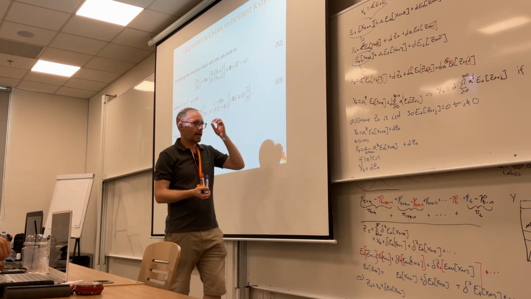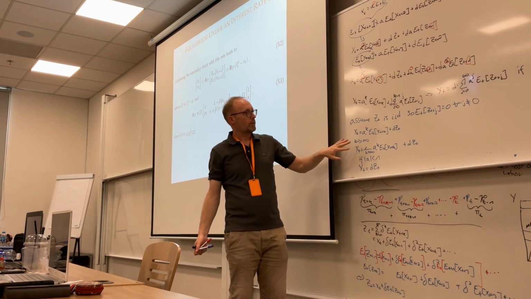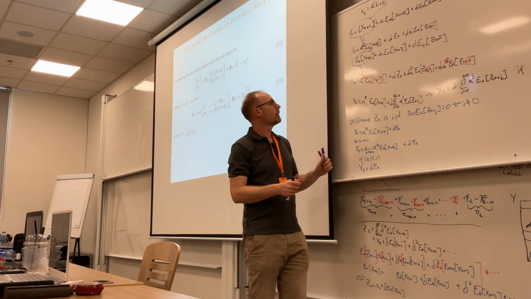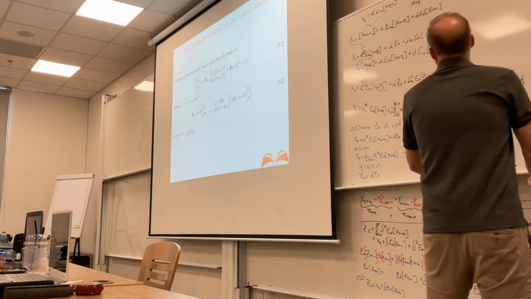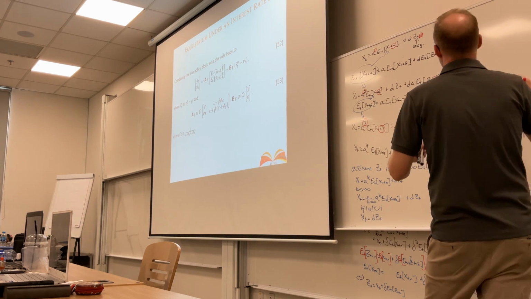Now, if the absolute value of a is greater than 1, then we can't write it like this. We can't solve the model forward, and we'd be stuck with a representation.